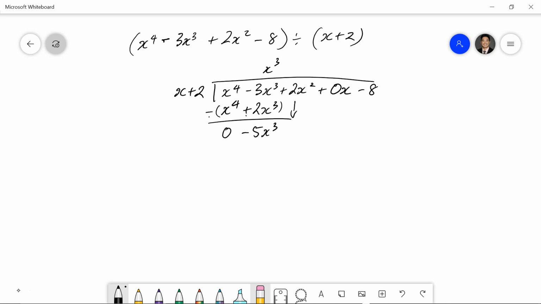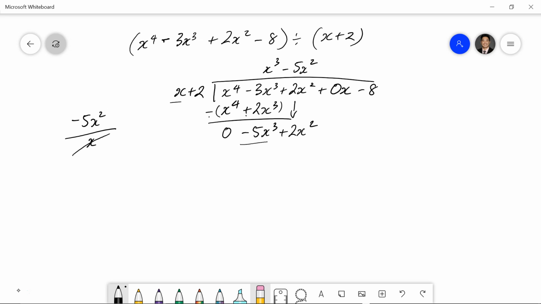Then we're going to bring down the 2x squared and do the same thing. So minus 5x cubed divided by x is going to leave us with minus 5x squared. Okay, so if you really need to figure that out, you can write it to the side.